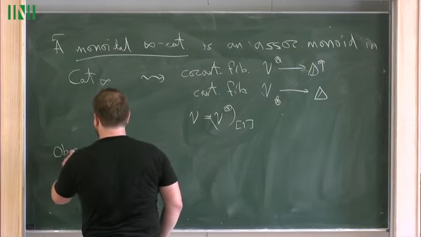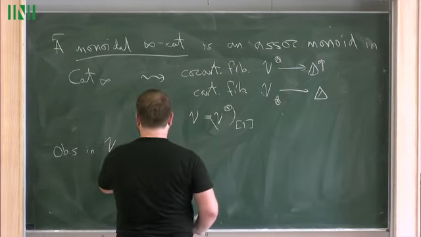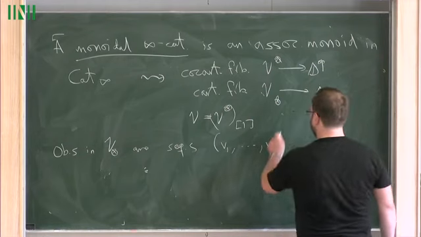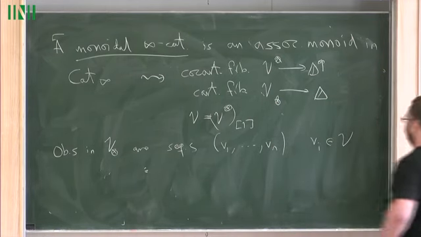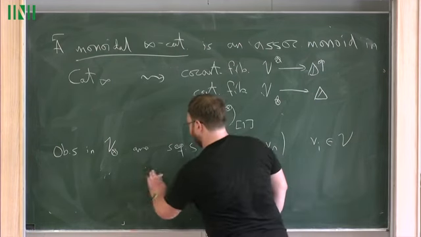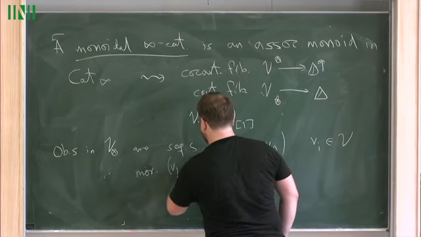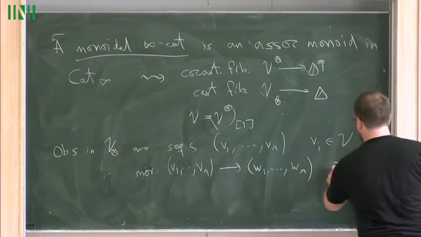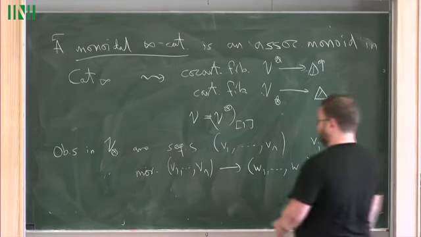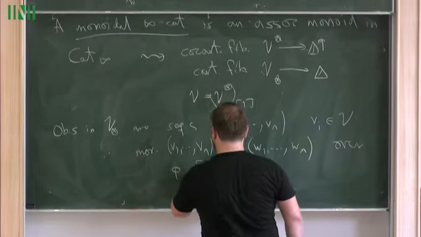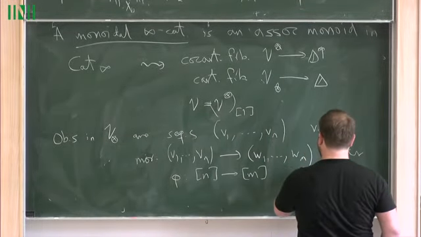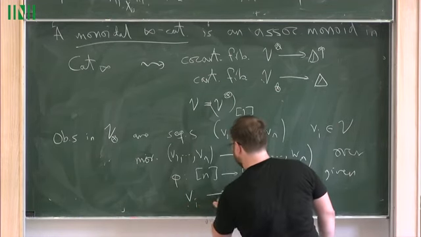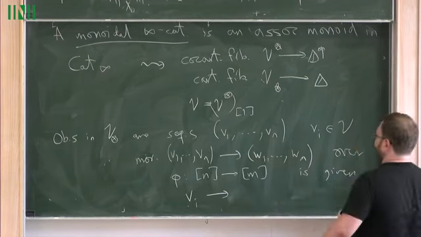Objects in this V lower tensor are sequences V1 up to Vn, where these are objects in the underlying category V. A morphism from V1 through Vn to W1 through Wm that lies over a morphism phi from n to m in Delta is given by a sequence of morphisms from Vi to a tensor product of a certain subset of the W's.